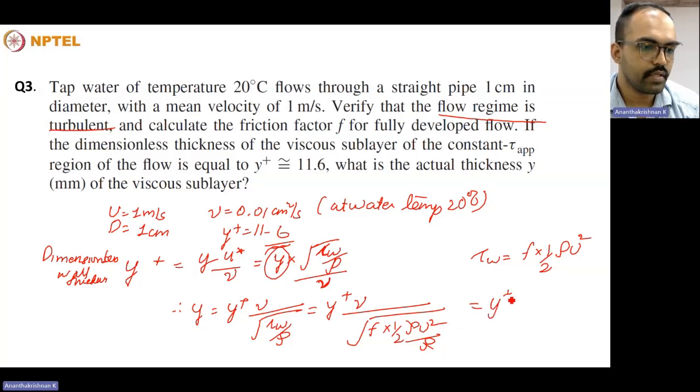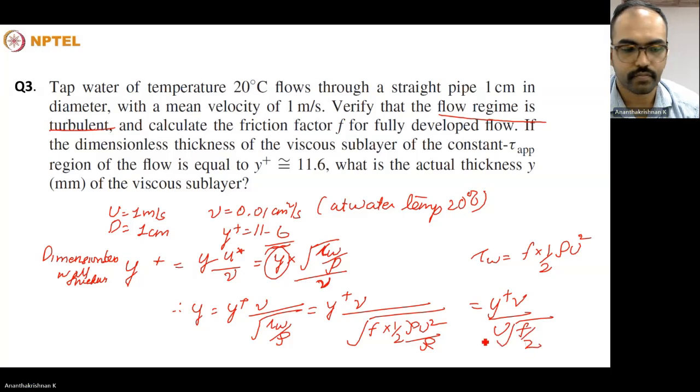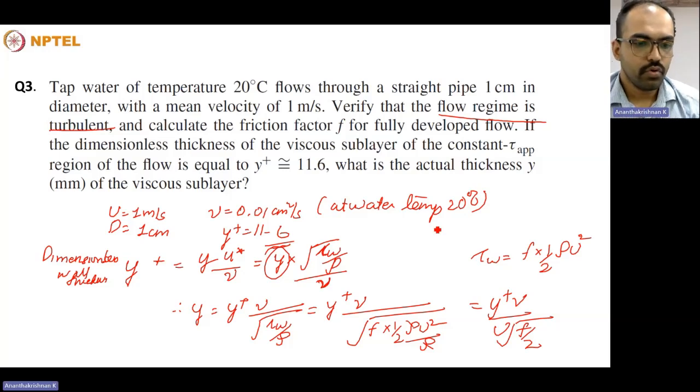So you get y plus nu divided by U root of f by 2. So we need to calculate the value of the friction factor.